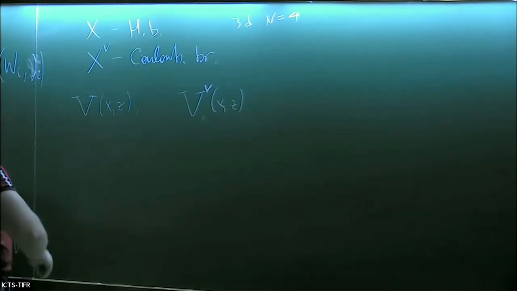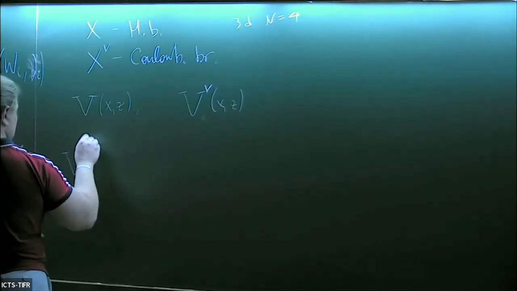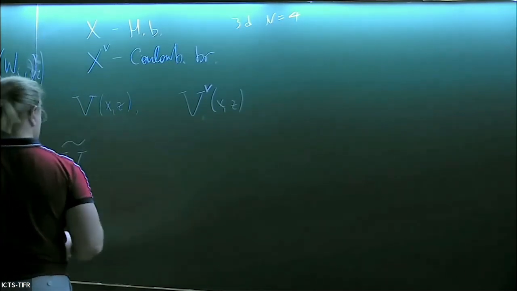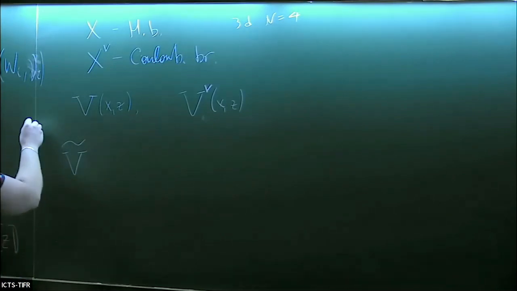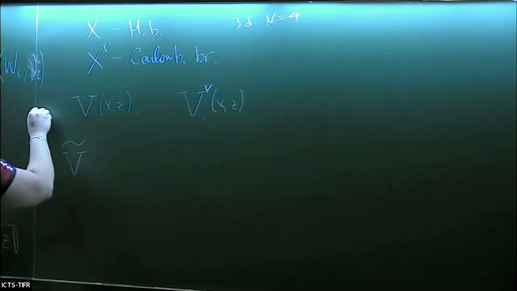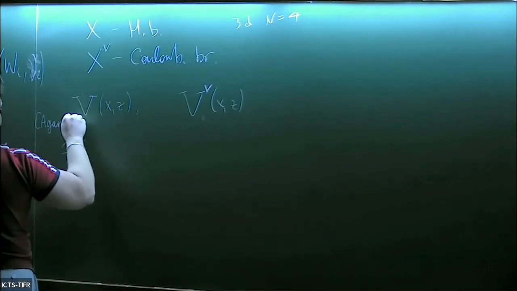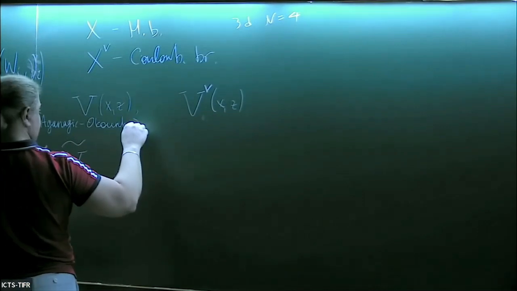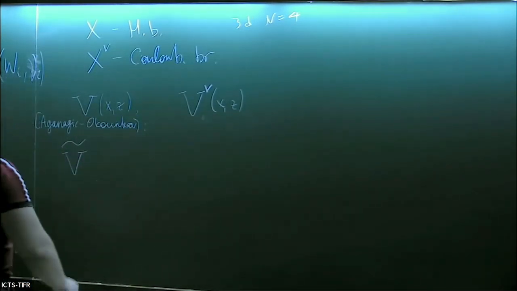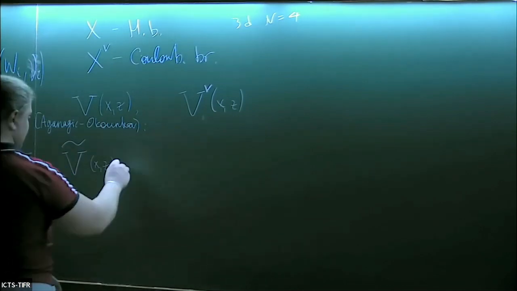Well, one can introduce a slightly different normalization of these objects. It's usually denoted V tilde, and here I'm going to follow Aganagic-Okounkov. Slightly different normalization.